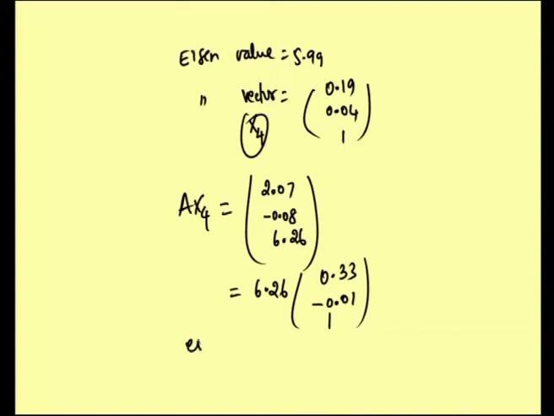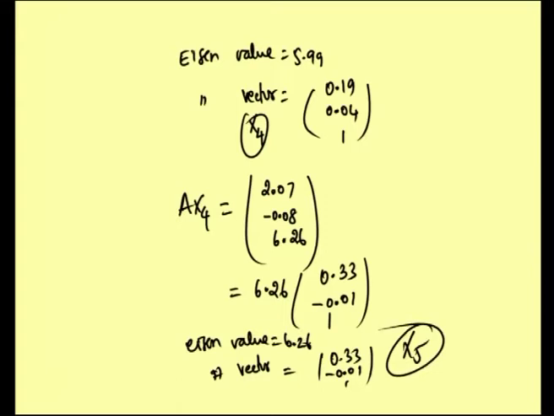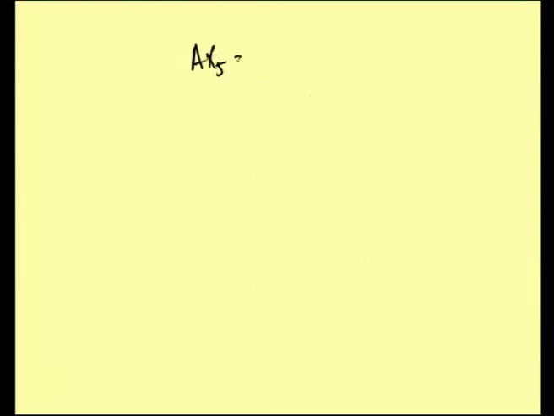So the eigenvalue is 6.26 and the eigenvector is 0.33, minus 0.011 and 1, and this is x5. Next we find A x5, which happens to be 2.36, 0.28 and 6.95.